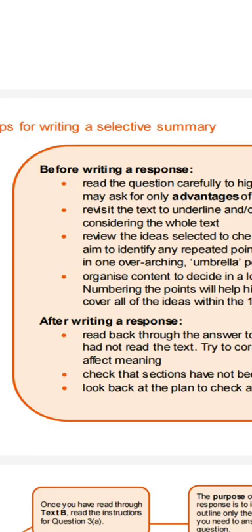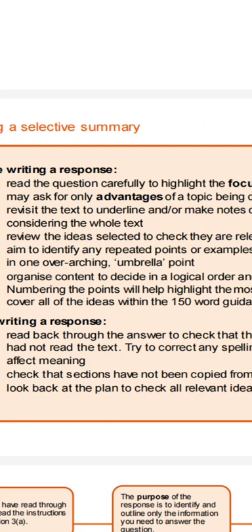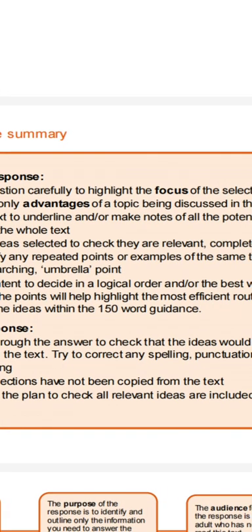Organize. Once you have selected the content, organize it in a logical order. Another thing is logical order: the point that is mentioned earlier in the text, write it first. If one advantage is given at number 1, number 2, number 3, write them in this order. Do not do it the other way, where one point is given at the end of the text and you start your summary with that.